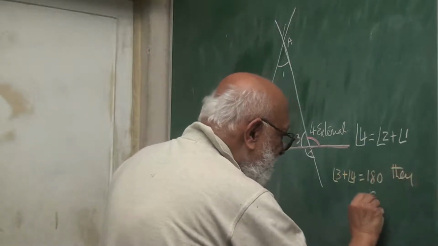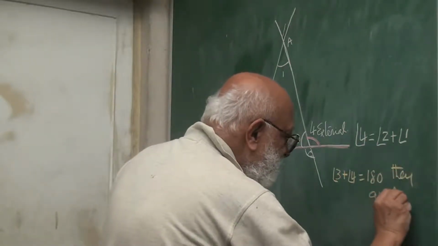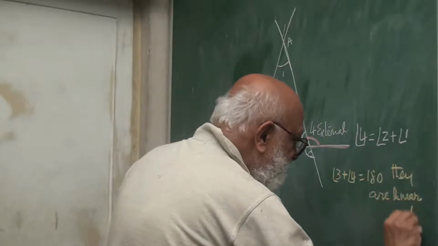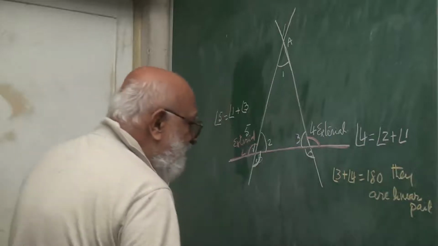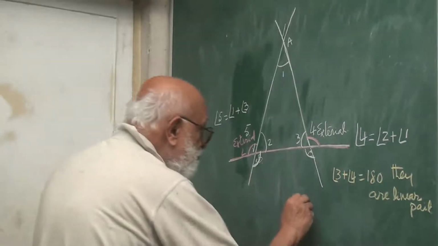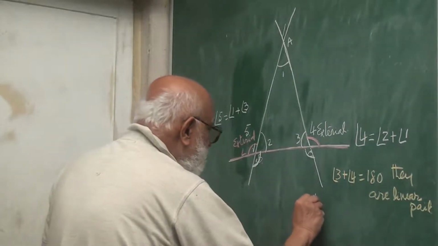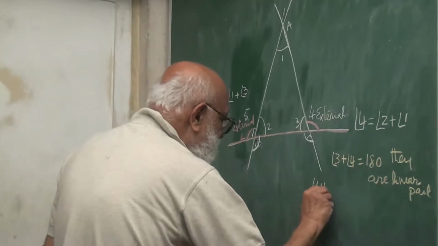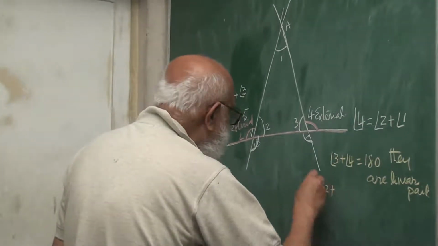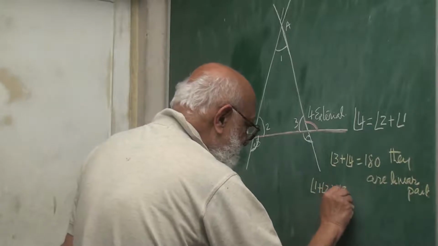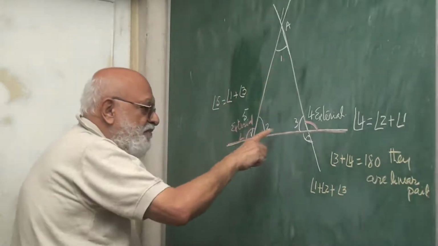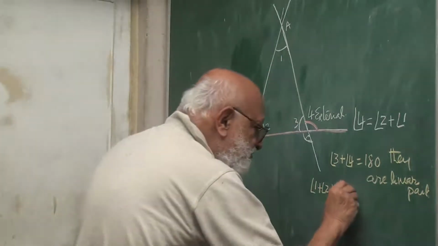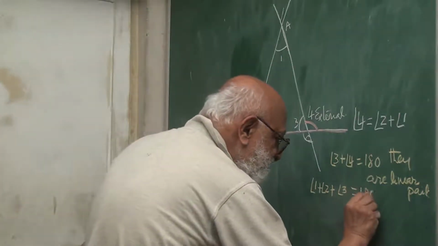Now let's see, angle 1 plus angle 2 plus angle 3 is also equal to 180.